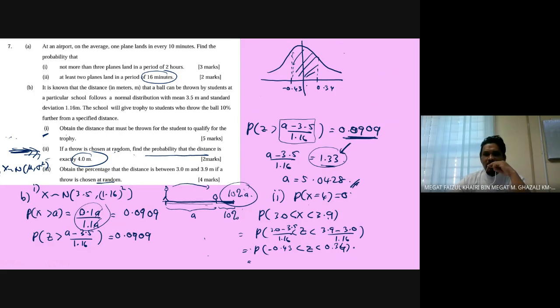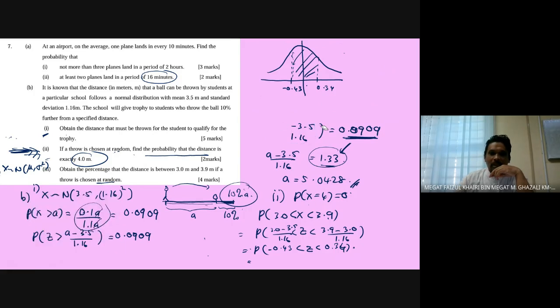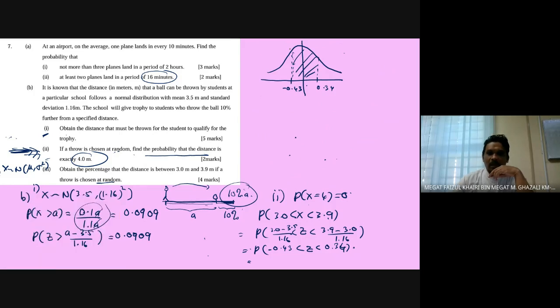For myself, I like to separate this graph into 2 parts because, as we know, half of this is 0.5 and another half is 0.5.